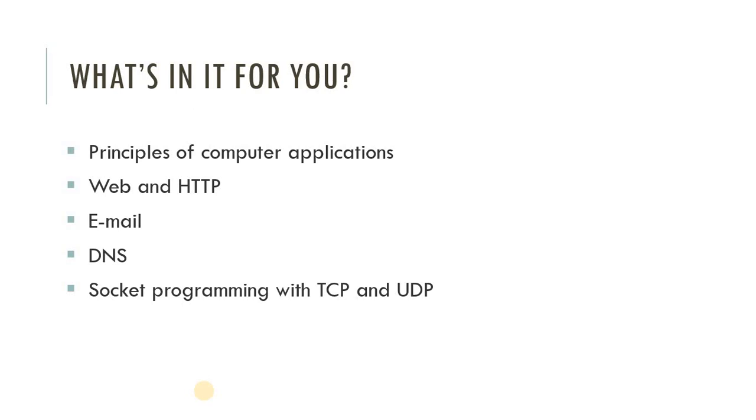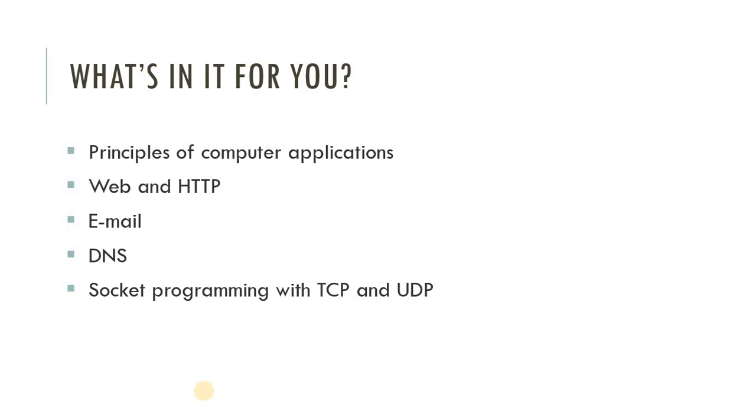The third one is email; we'll learn email processes in detail. Then DNS, the domain name system, which is also a very important topic. And the last is socket programming with TCP and UDP, where we'll learn the protocols TCP and UDP in detail.